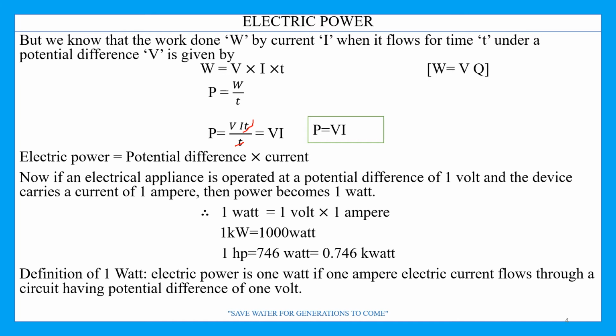What is left? V into I. So for electric power we get one formula: P is equal to V into I. This means power is the product of potential difference and electric current, or rather the magnitude of electric current. So this is one formula.